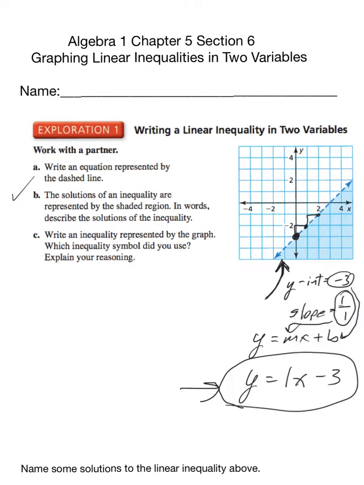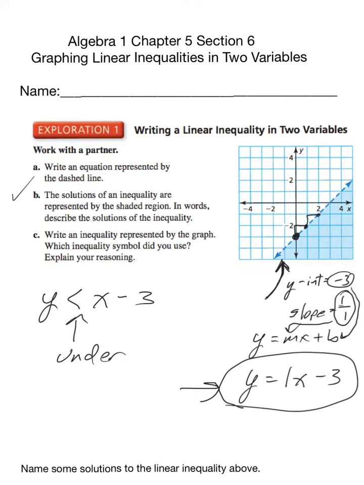So in this case, I'm going to say that y is less than x - 3. Less than means under. So the idea is that any of the values in that shaded region should solve the inequality.